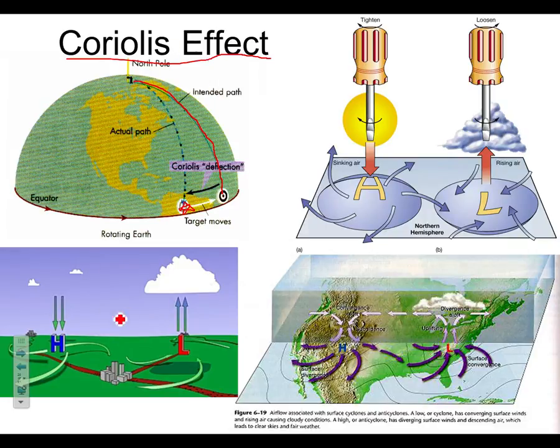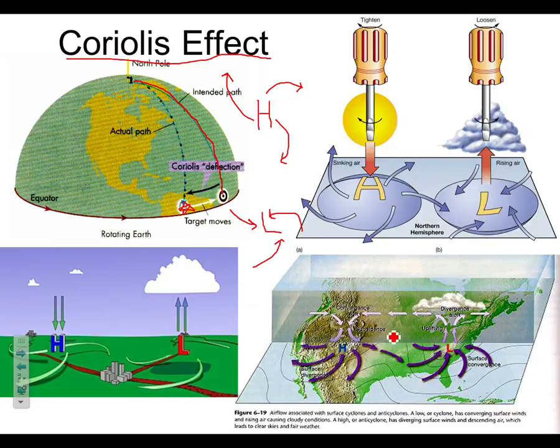Next to the high pressure, clockwise out, I want you to draw an H for your high pressure and draw the winds going clockwise out of the highs. So wind goes out of the highs clockwise in the northern hemisphere. Then for the low pressure, you're going to go counterclockwise and in. So draw that, something like this. Counterclockwise and in for the low pressures.